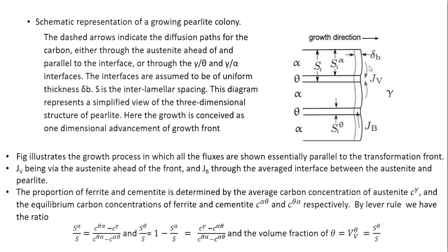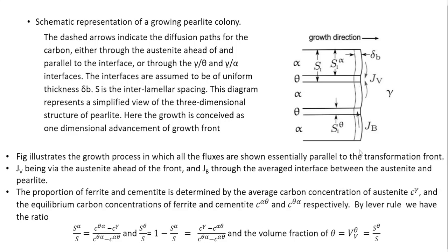So diffusion is taking place inside the austenite, but it is occurring ahead of this interface. And JB through the average interface between the austenite and perlite. So this is how it is occurring.